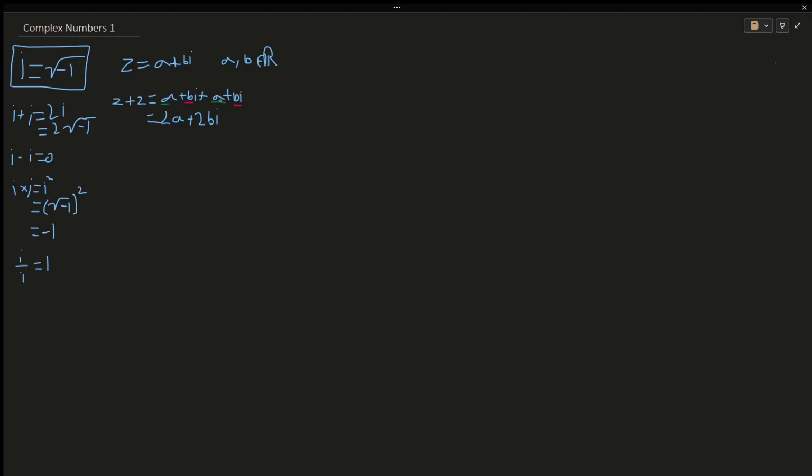So that's the result that we would get. Again, z minus z would just be 0, and z divided by z would just be 1. I'll just write them quickly because there's not really much to show with these examples.